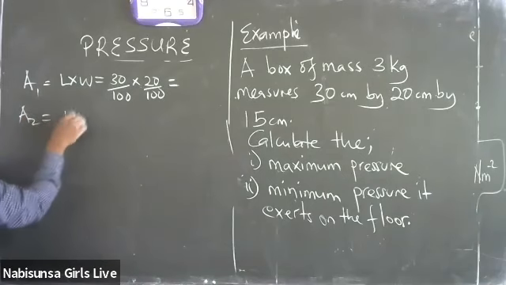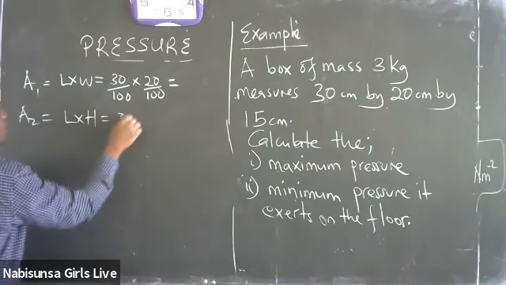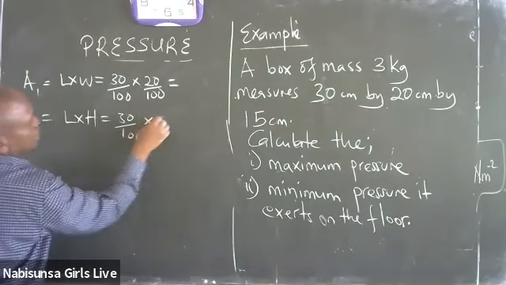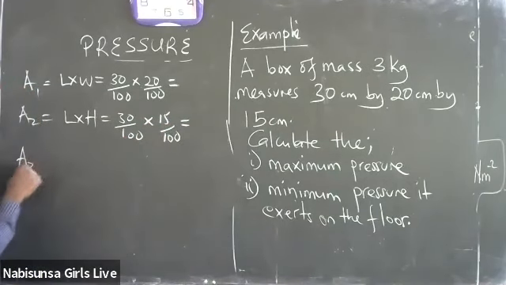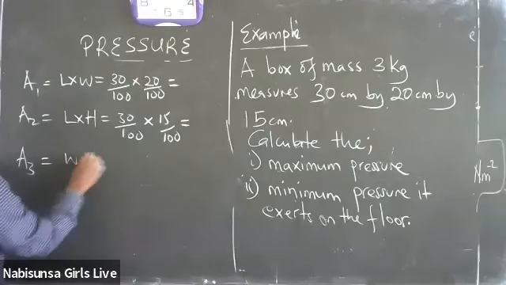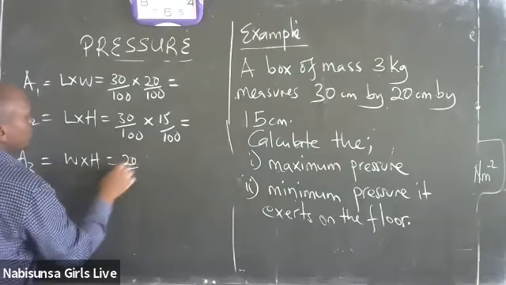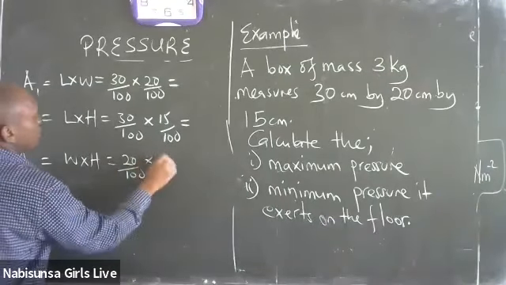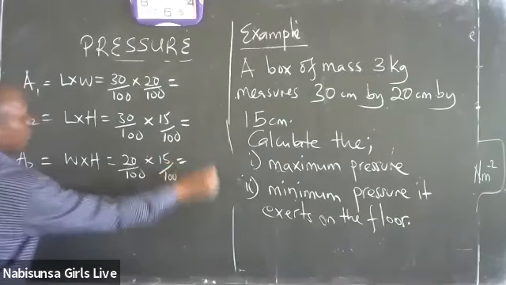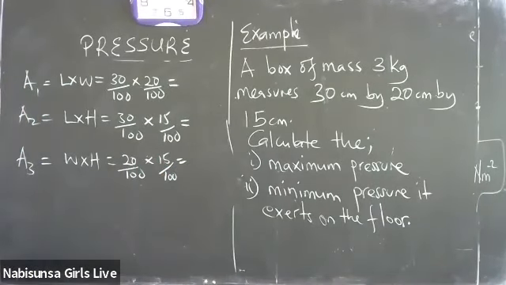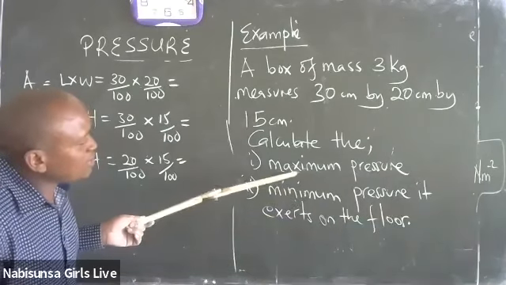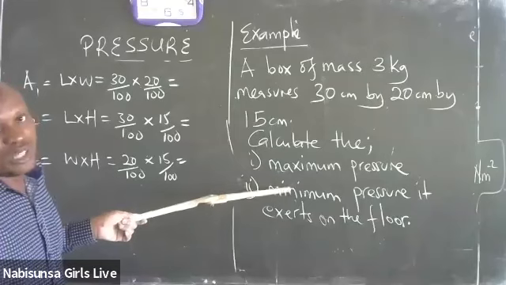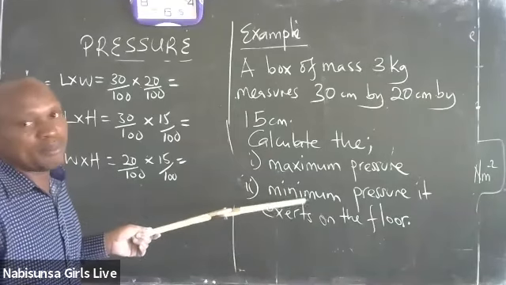The other area can be length times height, 30 by 15. The third area can be width times height, 20 by 15. Out of those 3 areas, you check which one you use when working out maximum pressure and which one for minimum pressure.